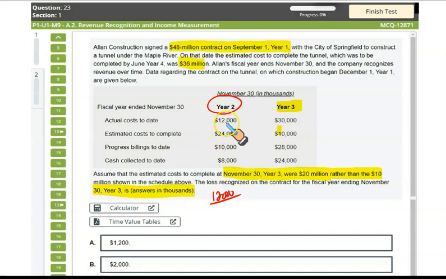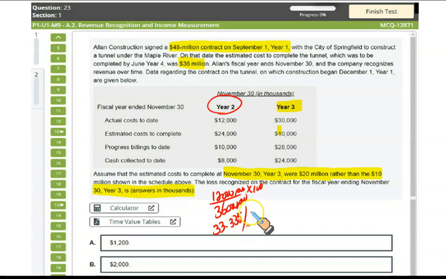So the total cost to complete, including the cost incurred, is 36 million. So 12 by 36 times 100, that means the level of completion is 33.333%.